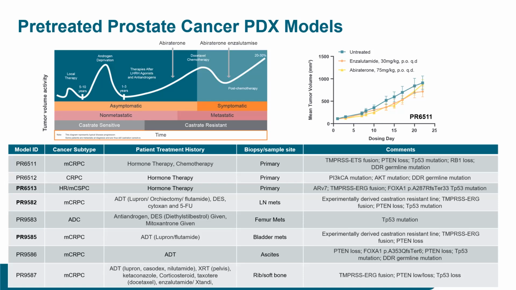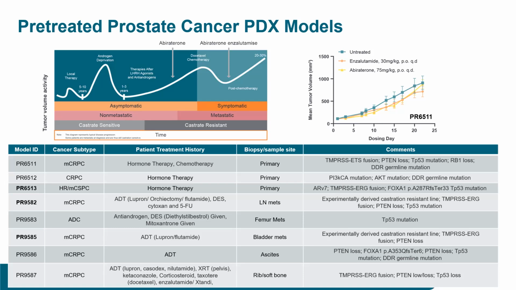And this poor survival is associated with metastatic castrate-resistant prostate cancer, with a survival time of only approximately 16 to 18 months, with the bone mass causing death in most of those patients. So metastatic castrate-resistant prostate cancer is really an area of high unmet need in the clinic.